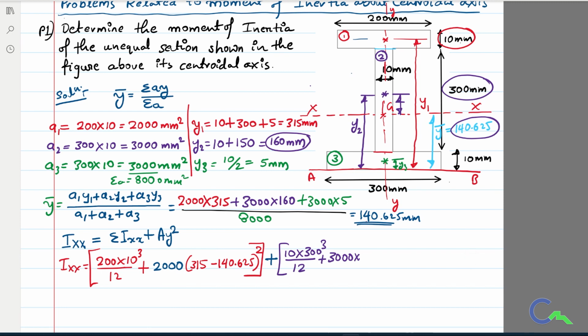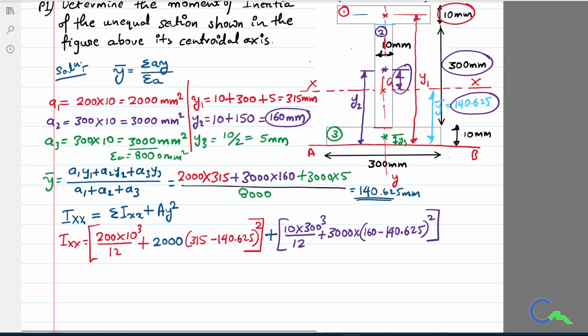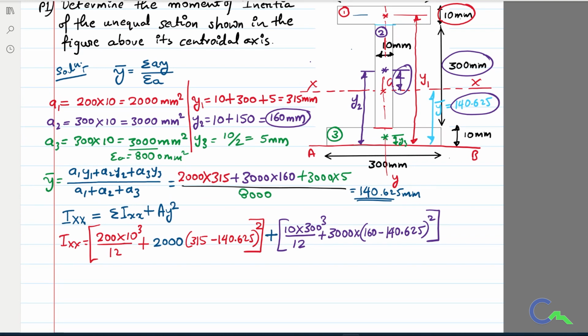That is 160 minus 140.625, whole square.